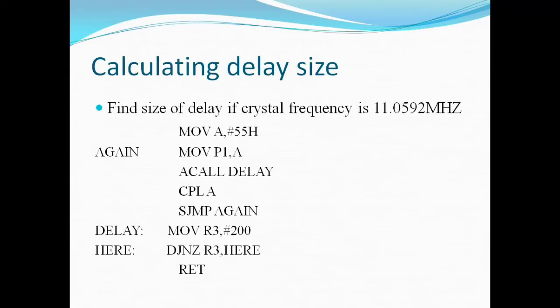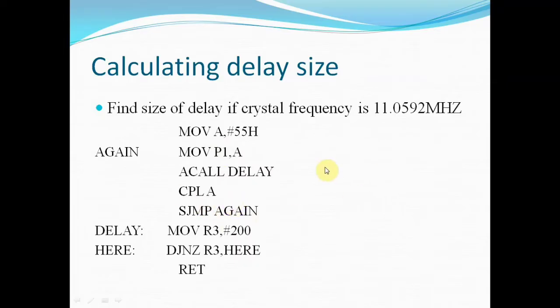Now we'll see one example of how to calculate the delay size in the below program. This is a program in which we are going to toggle the port P1. We are going to load the patterns 55 and AA, and we are calling a delay in between.